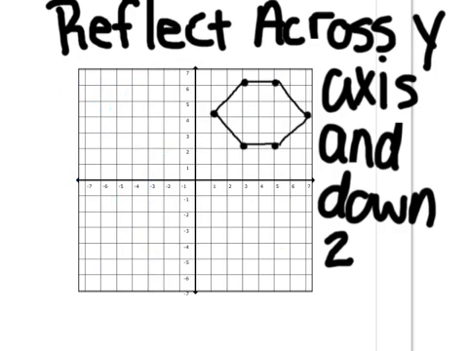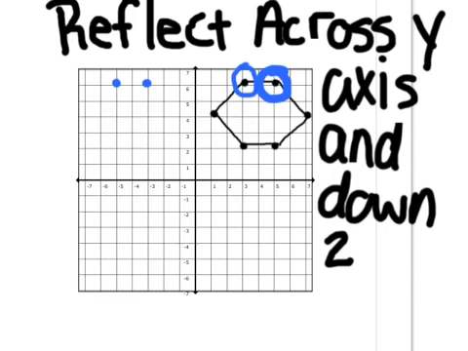So if we reflect across the y-axis, this point that's at 3, 6 will become -3, 6, sorry. This point that's at 5, 6 will become negative 5, 6.